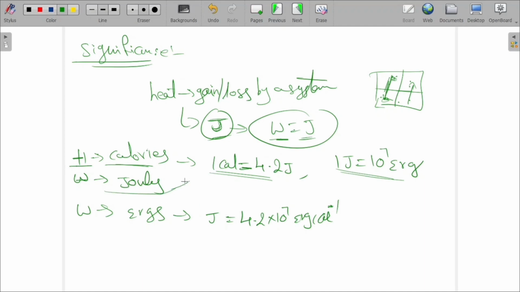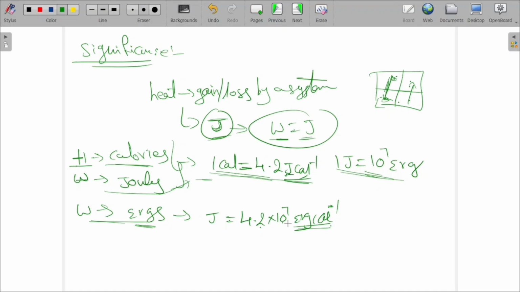J means joule, so joule is replaced with 10 power 7 ergs. So 1 calorie equals 4.2 joule calorie inverse, or 4.2 into 10 power 7 erg calorie inverse.